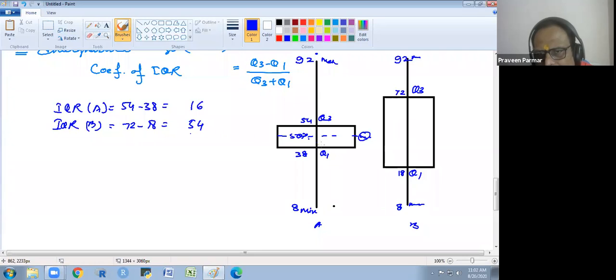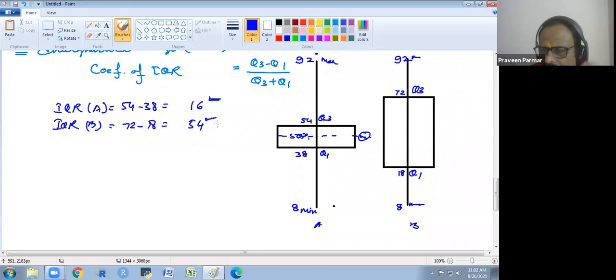I have taken the median and we are talking about the different IQRs. So we could say that in the first data set, 50% of the data lies within this small range, and here 50% of the data lies in this more spread region, a higher range, 54. In this way, you could also interpret the IQR and the coefficient of IQR.